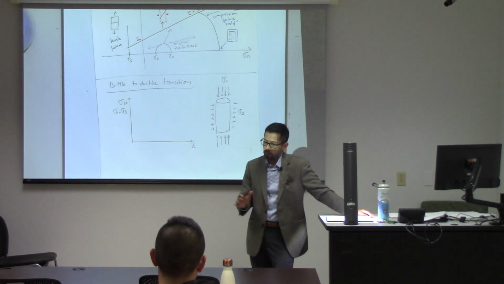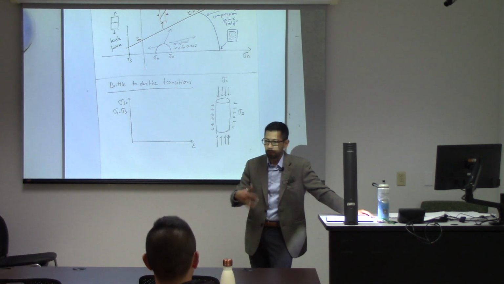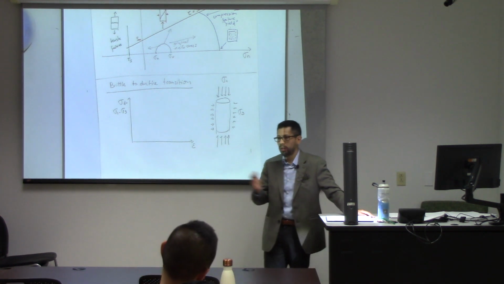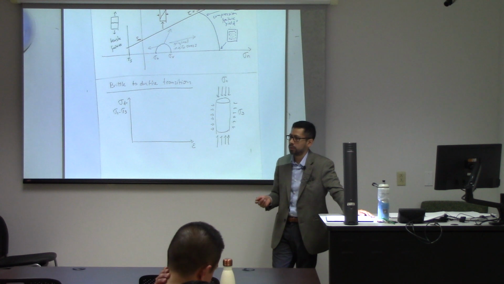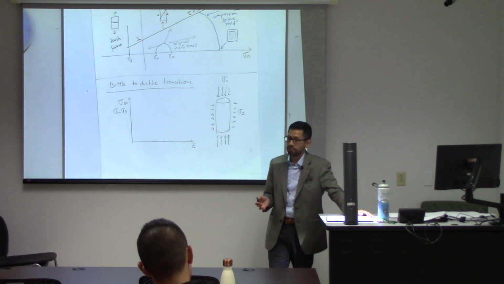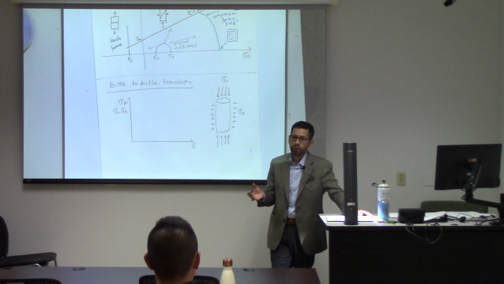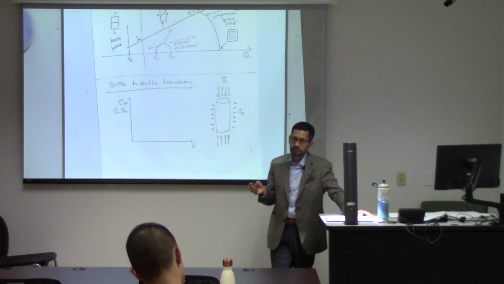Well, if you have fractures, that adds one more level of complexity. Let's imagine that we don't have fractures. We start with something with no fractures. A brittle failure is a failure in which when you break a material, it breaks very quickly and it breaks in very well-defined planes.